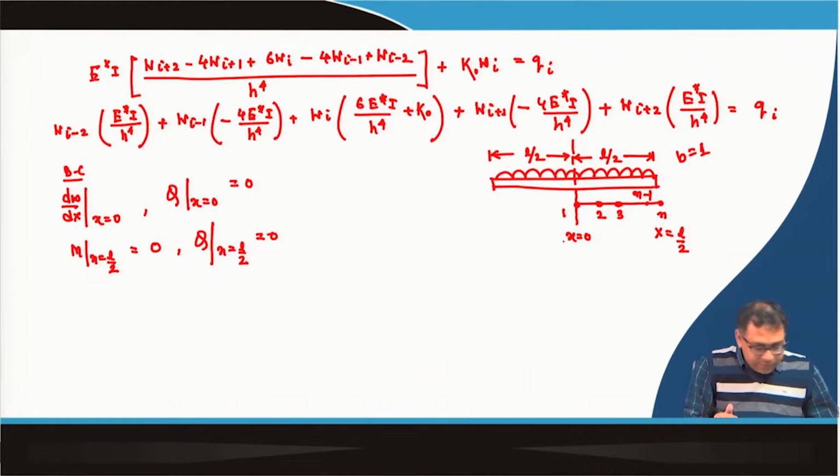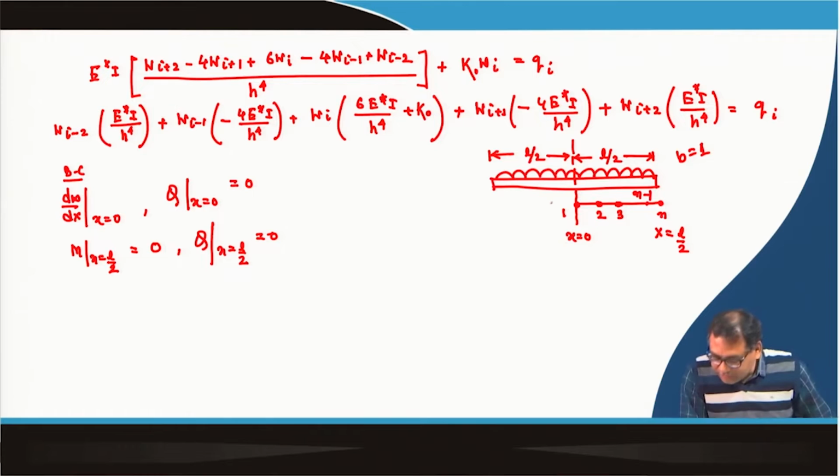Now, to apply these equations we need the help of some imaginary nodes. So, this is your 2 dash node, this is 3 dash node, and then this is n plus 1 node, this is n plus 2 node.